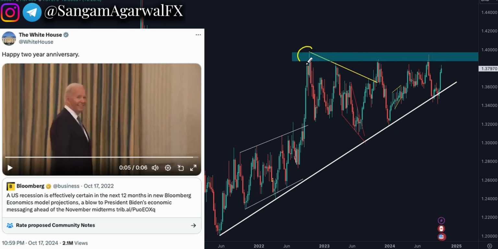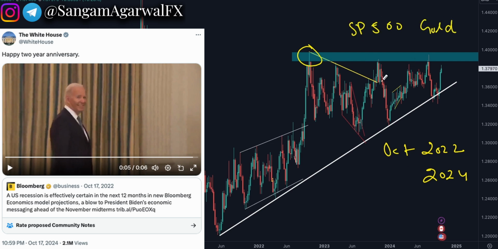You know, Biden was giving a nice smile in the last 2 years. He is celebrating from October 2022 to 2024, exactly 2 years before the election. There was a trend, S&P 500 up, gold up, but this pair USDCAD is making a sideways range.